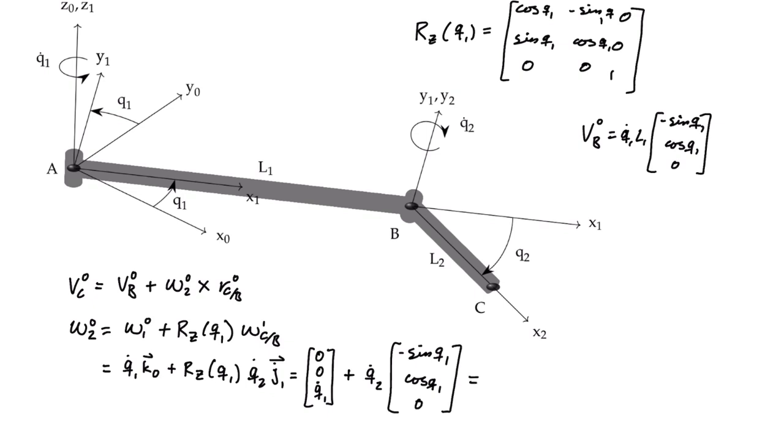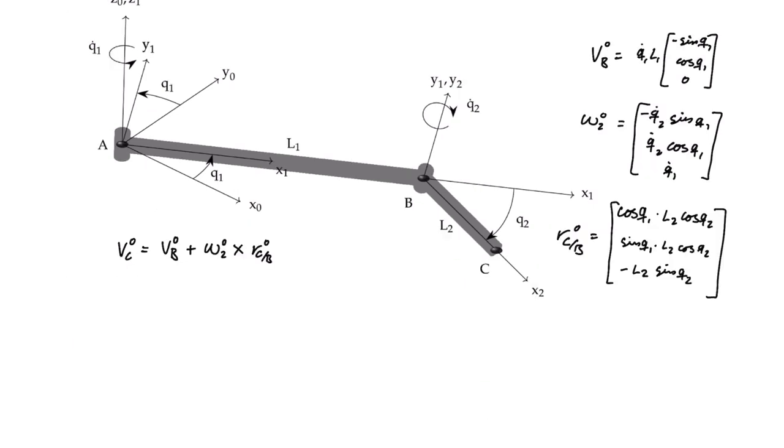And then this should be equal to minus q2 dot sine q1, and then q2 dot cos q1, and then we have the q1 dot here. So this is the angular speed. I just put the angular speed here now.